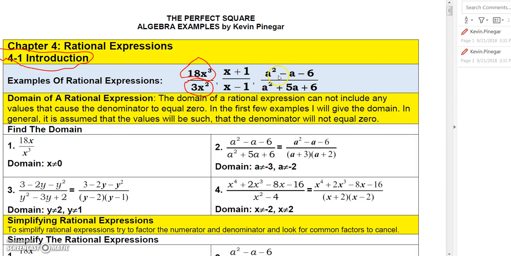And then of course here's one with a trinomial in the numerator and a trinomial in the denominator. So those are examples of rational expressions.